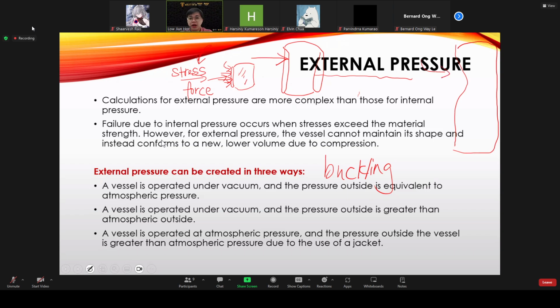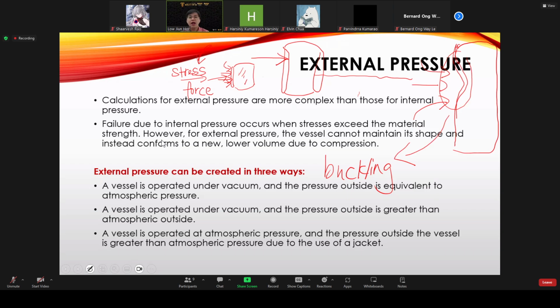Because there is a force outside the pressure vessel. They try to push the outer surface of the wall or the shell of the pressure vessel. Initially the surface is flat. Due to the force here, it causes the deformation, and this deformation is known as buckling.